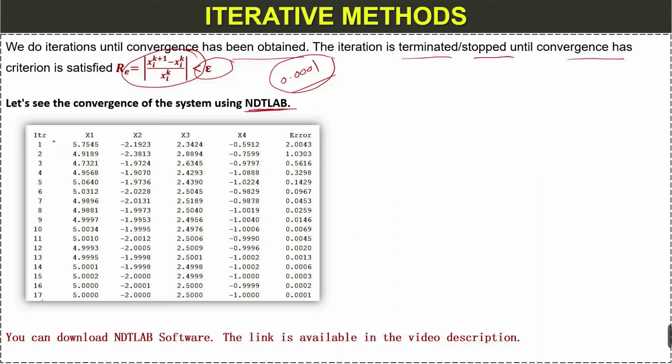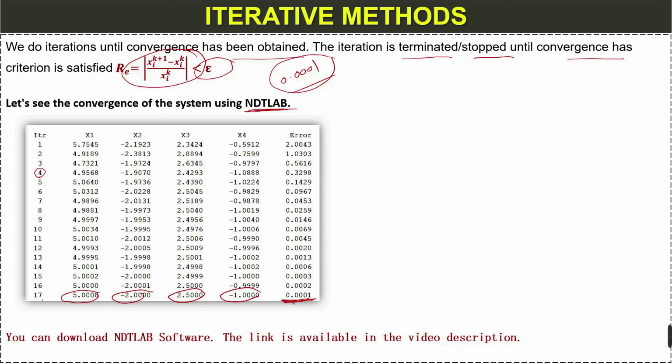Here we have the number of iterations, 4 iterations we have done, and we can see that after some iterations the solution is converging toward 5, -2, 2.5 and -1. We can see that the tolerance or the allowable error in the solution is 0.001.